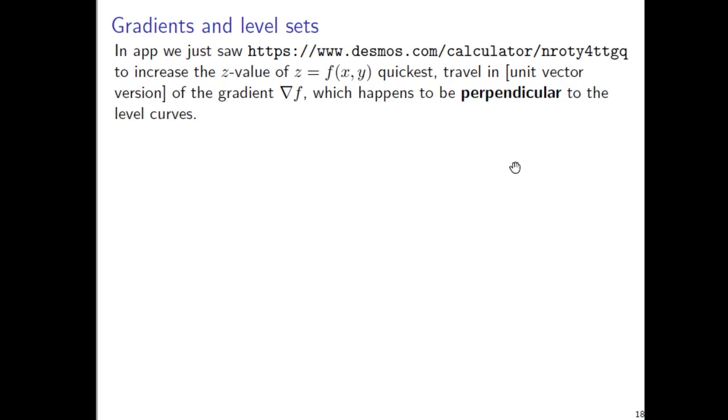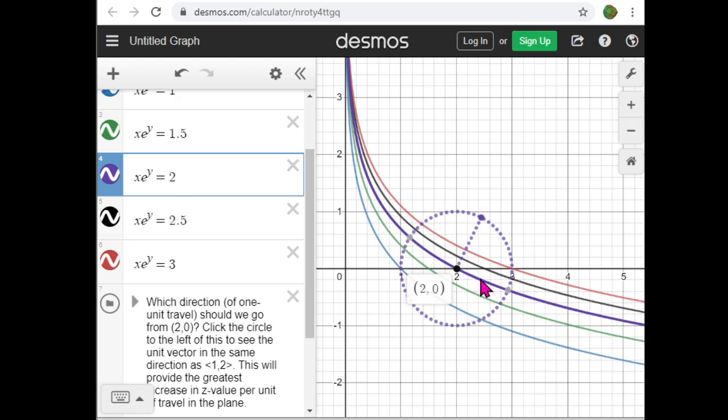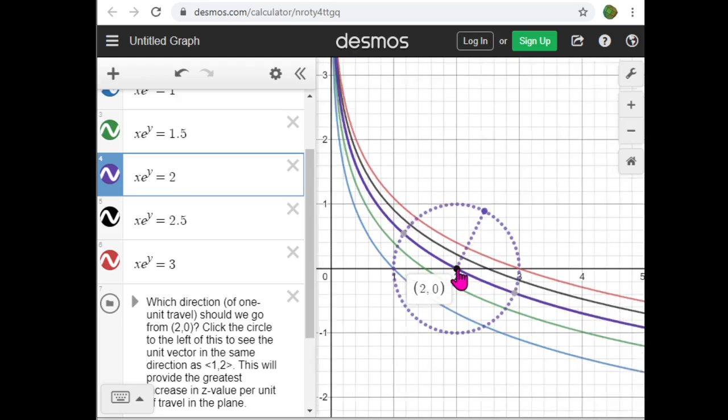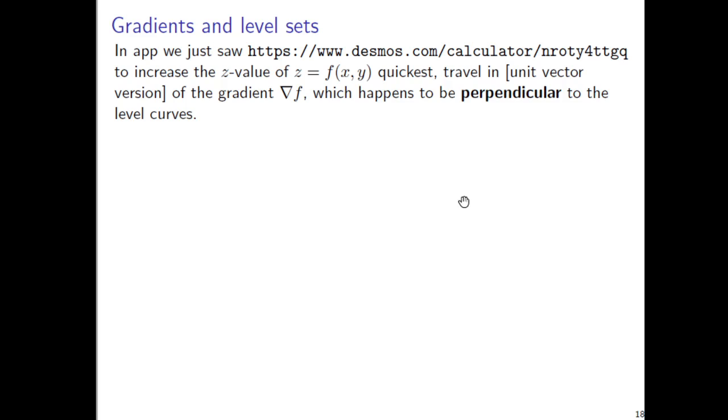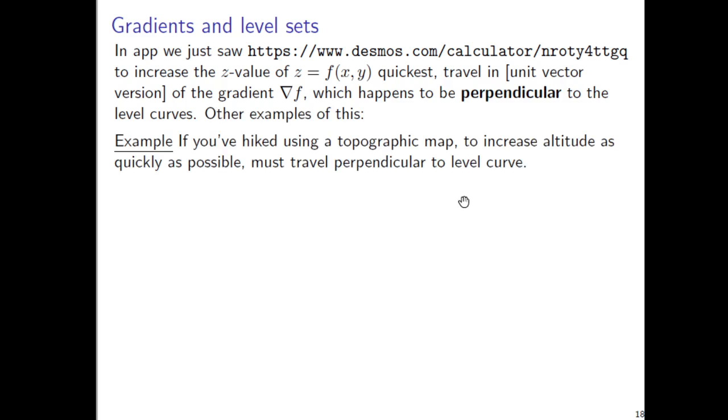That also happens to be perpendicular to the level curve. So let's take a look at that here, right? If you look at this vector here, it turns out that that is orthogonal to this curve here, right? So if we could zoom in, let's just do it. This thing is perpendicular to that. It's kind of a curiosity that this occurs. There are other examples of this.